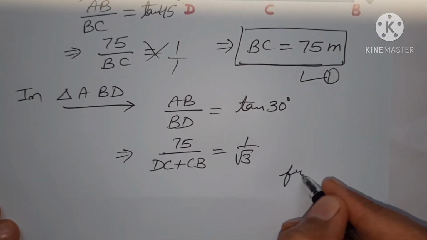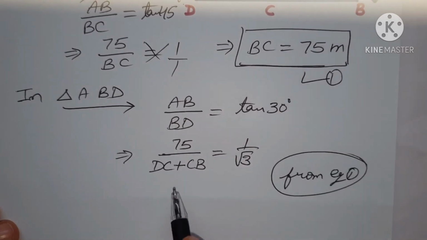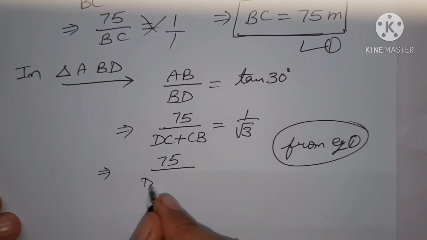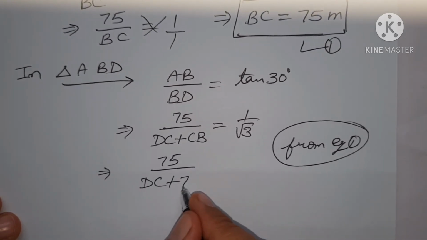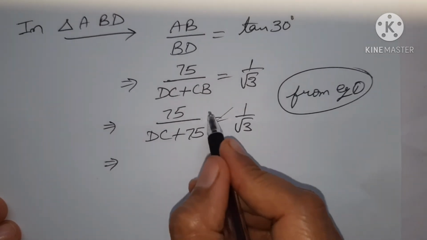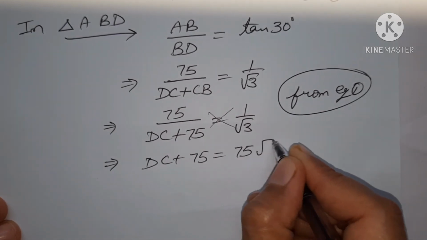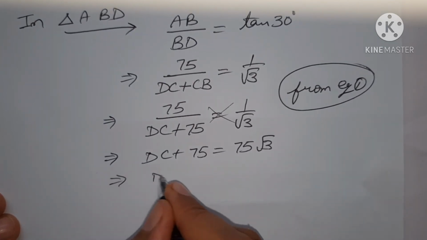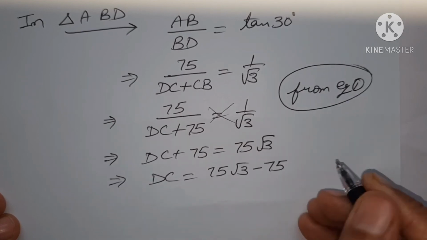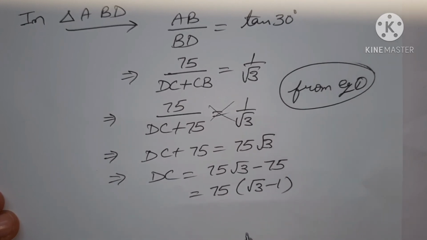From equation 1 we can put the value of BC here. So it will be 75 upon DC plus BC, which is 75, is equal to 1 upon root 3. When we cross multiply it, it will be DC plus 75 is equal to 75 root 3. So finally DC is equal to 75 root 3 minus 75, or we can write 75 as a common term, root 3 minus 1 in the bracket.